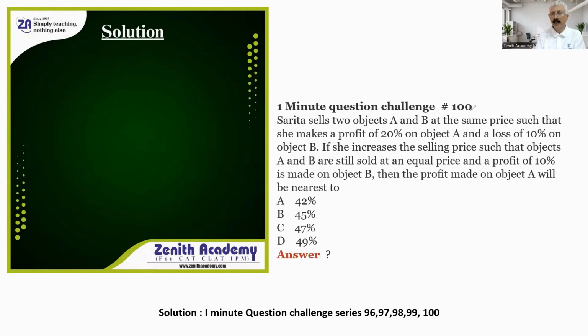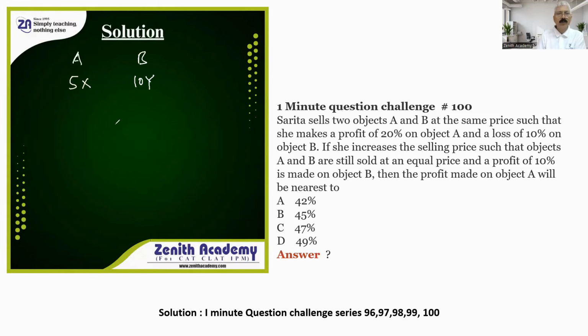Now take question number 100. Here a seller sells two objects A and B, and on A makes a profit of 20% and on B a loss of 10%. It is given that the selling price is the same. And here, 20% is 1 upon 5, 10% is 1 upon 10. So let us take the cost of A as 5x and the cost of B as 10y.